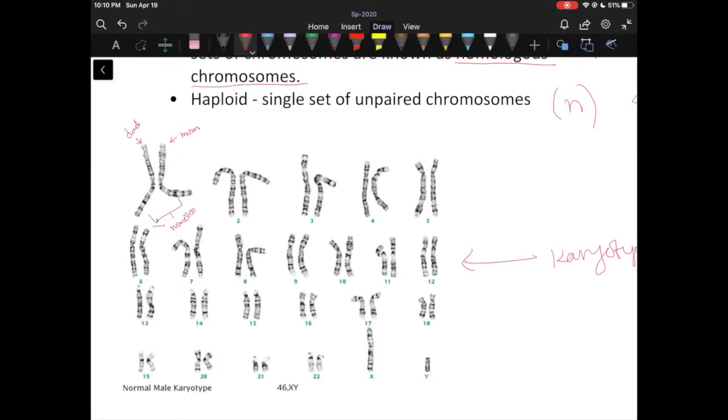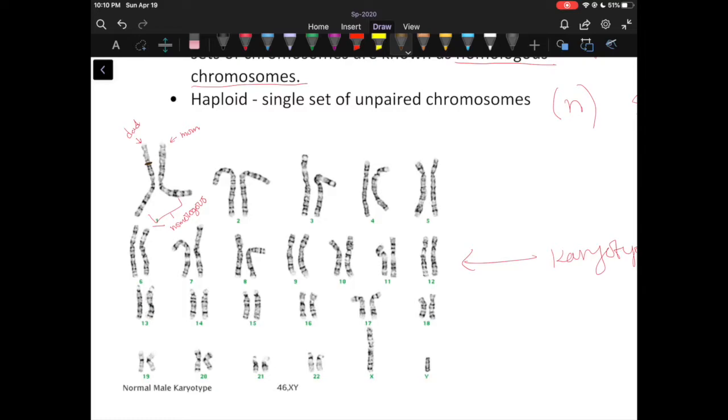And these two chromosomes are going to be known as homologous. Remember how I said homologous chromosomes have the same type of genes, but different variants, also known as alleles. So take, for example, eye color. Let's say your dad has the gene for brown eyes.